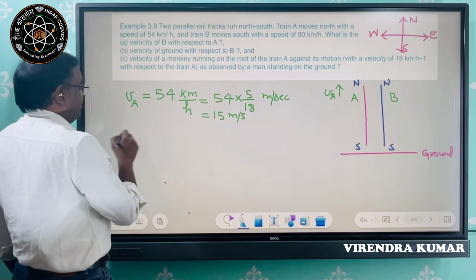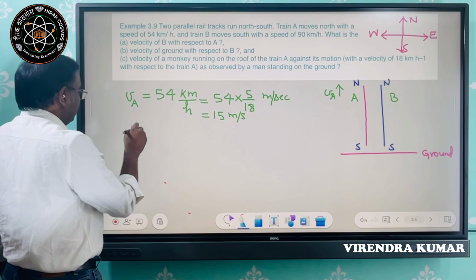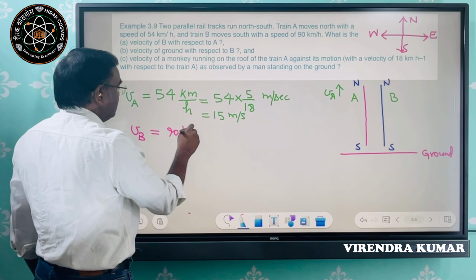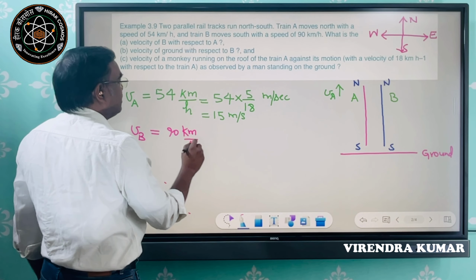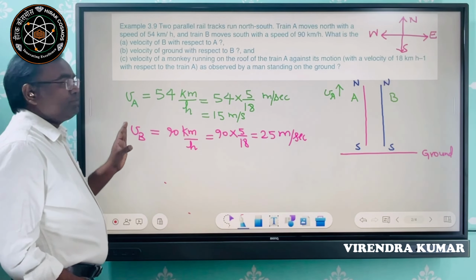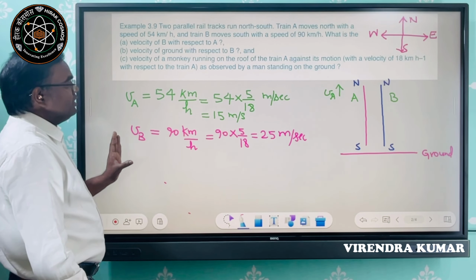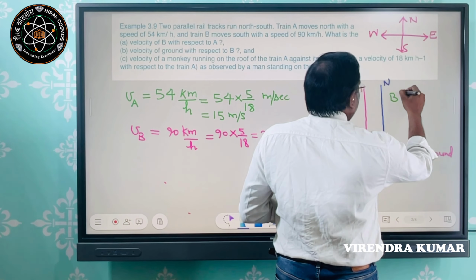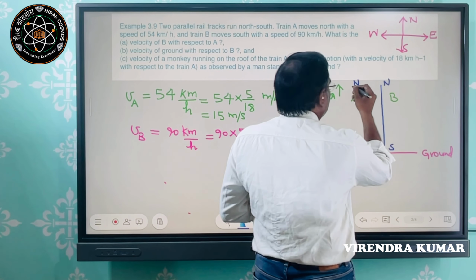Now VB. VB is equal to 25 meter per second south. So these are the speed of train A and train B. One is along the north direction and another is along the south direction. So VA and VB.